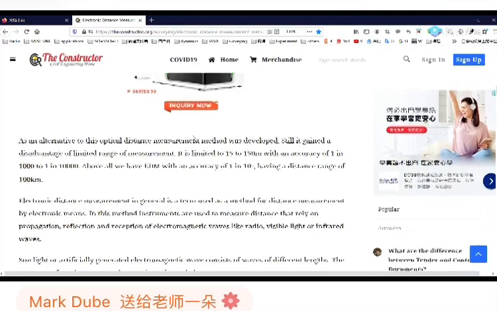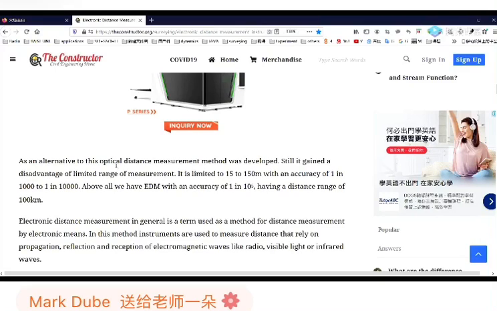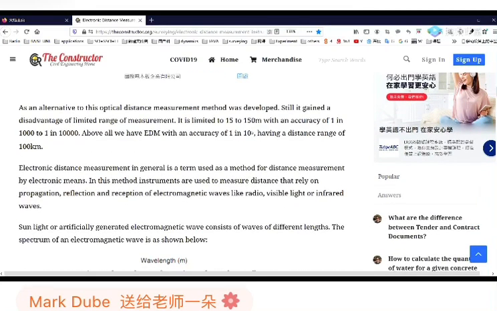If you use the optical one, you have about 1 in 1,000 error. It's not huge, but if the distance is long, the error is huge as well.